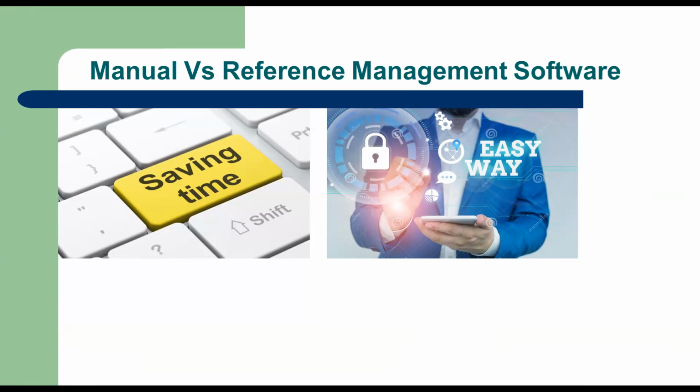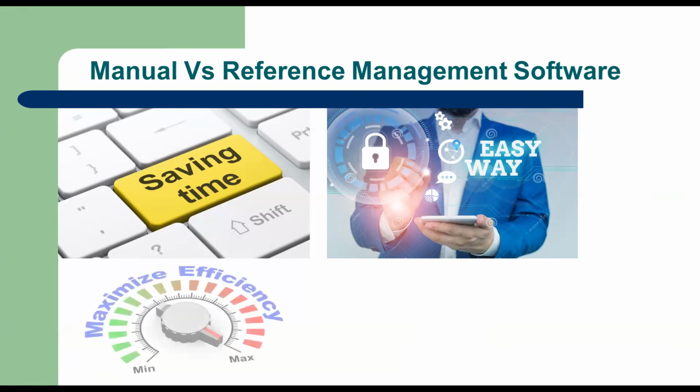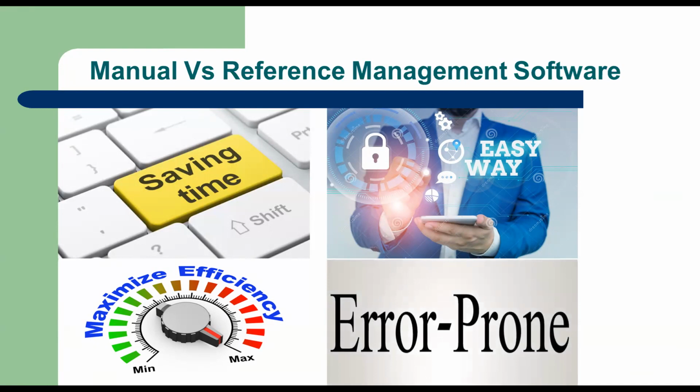The reference management software does this for you, your efficiency is maximized, and your error chances are reduced. So you have to opt for reference management software. It will give you these sorts of benefits which you will not get during manual editing of your references.